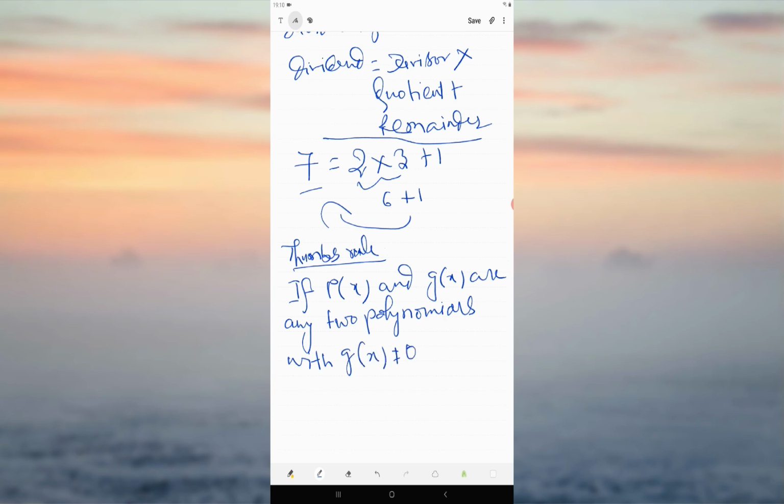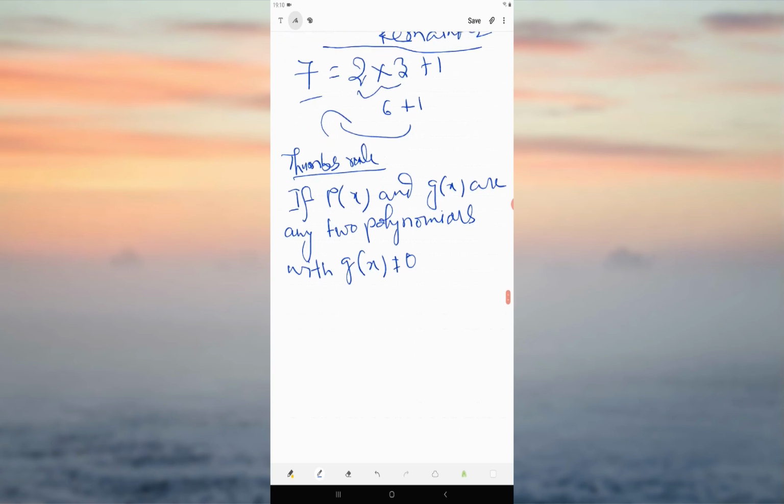Why? Because if g(x) equals 0, then p(x) by g(x) will give you infinity. So g(x) is not 0.